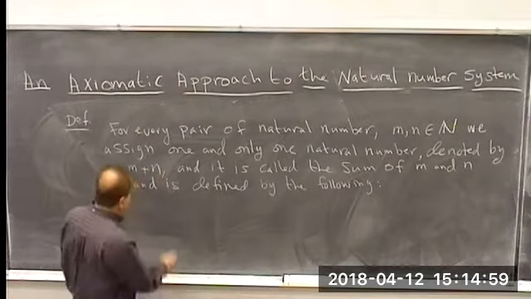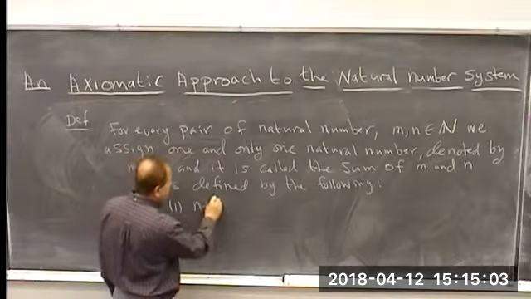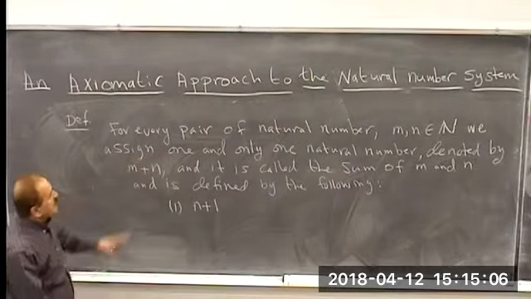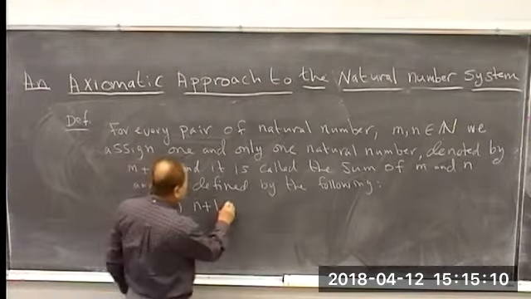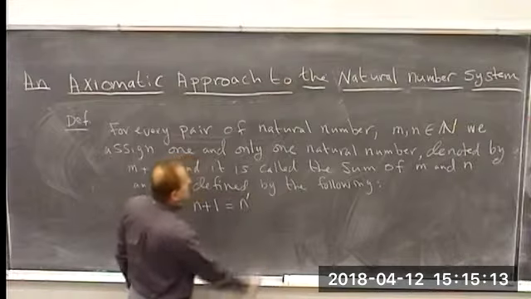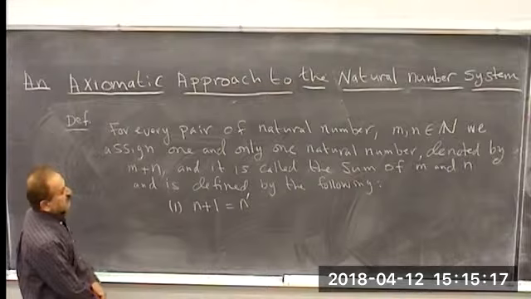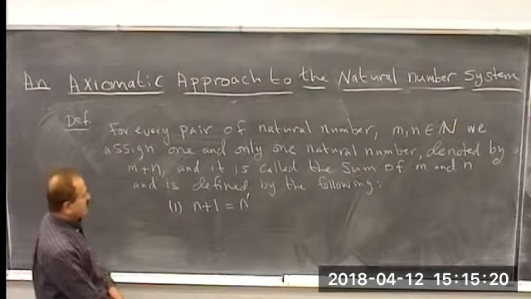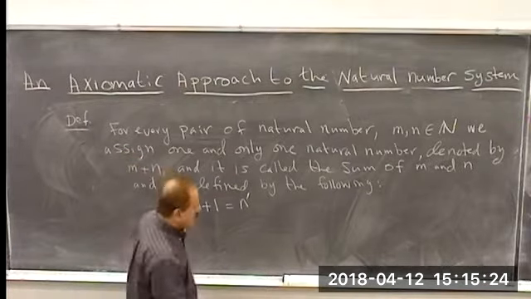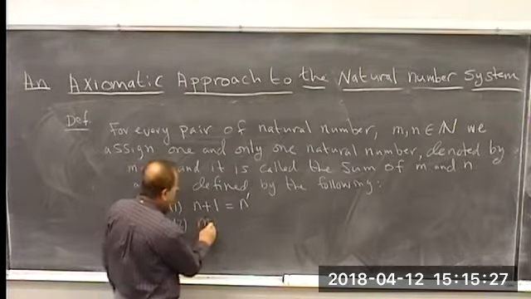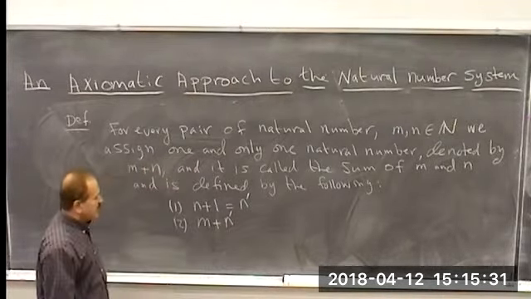First, n plus 1. Remember that for every pair, 1 is also a natural number, so we define this to be the successor of n. Second, we need to define m plus the successor of n.